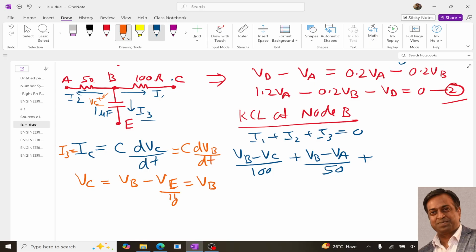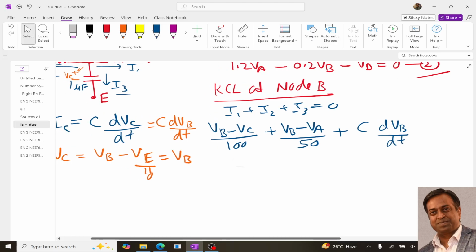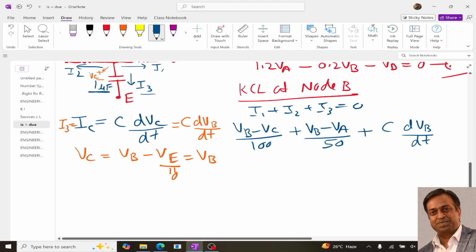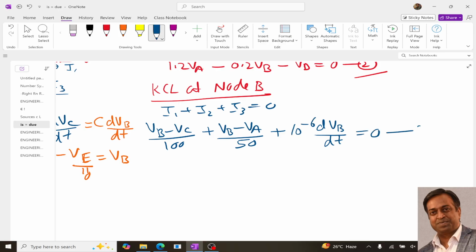Over here the value of C is 1 microfarad, which means 10 power minus 6 farad, so in place of this I will put 10 power minus 6, and it is equal to 0. So this is our third equation.